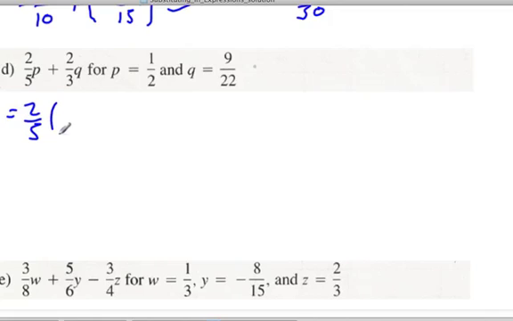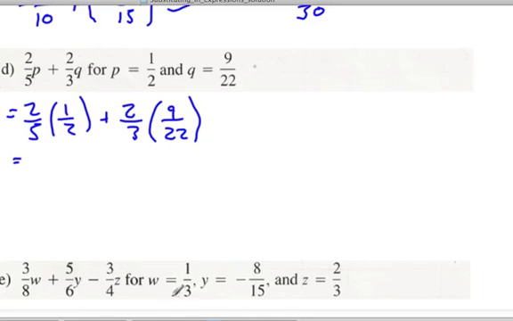So 2 over 5 times 1/2 plus 2 over 3 times 9 over 22 to simplify, and we get 1 over 5 plus, and 3 goes into itself once and into 9 3 times, 2 goes into itself once and into 22 11 times.